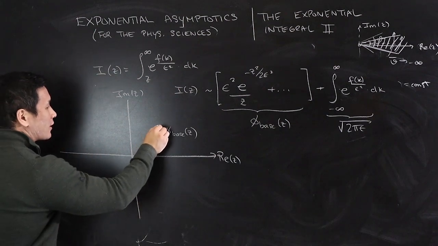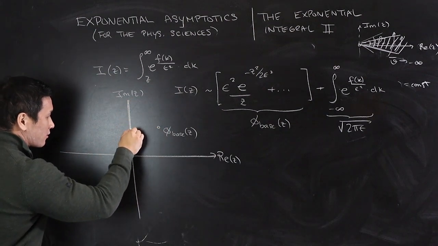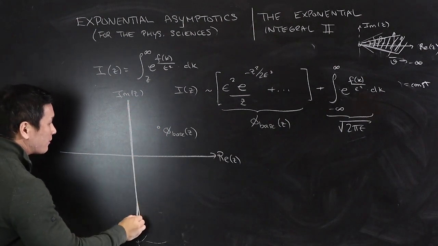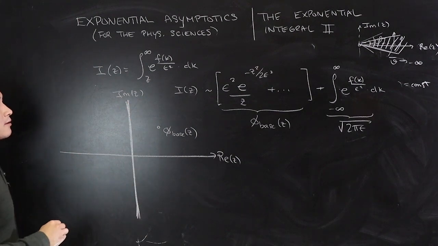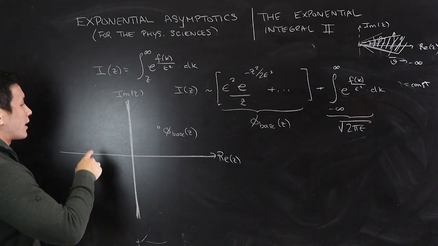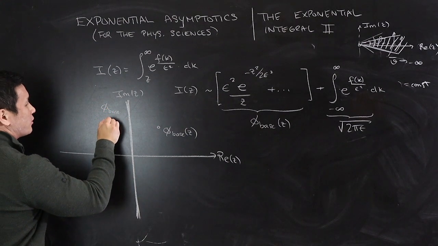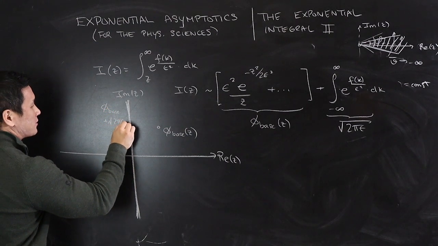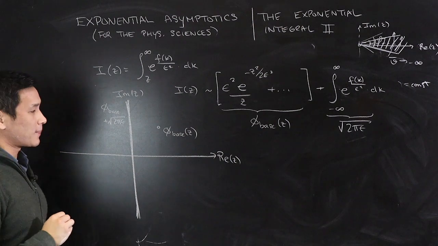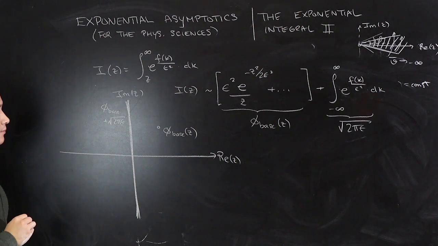But I know that if I cross this line here, the imaginary axis, then I have to switch on a contribution. So I have phi base plus root 2 pi times epsilon.